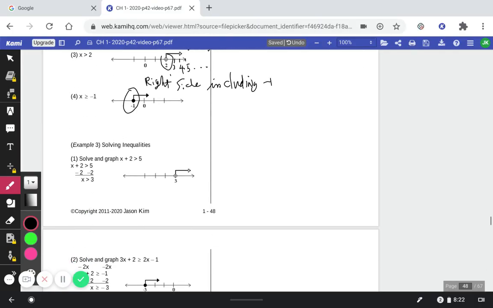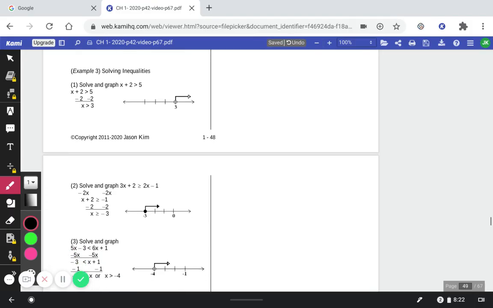Now, in example 3, they want us to solve the inequalities. So it's like solving an equation, same thing, but the result will be in inequality format. So solve and graph x plus 2 is bigger than or greater than 5.